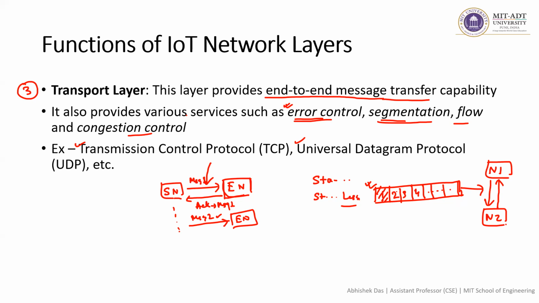Then node 1 sends data packet 2, and after node 2 acknowledges that it has received data packet 2 successfully, node 1 sends data packet 3, and so on. It goes on like this.